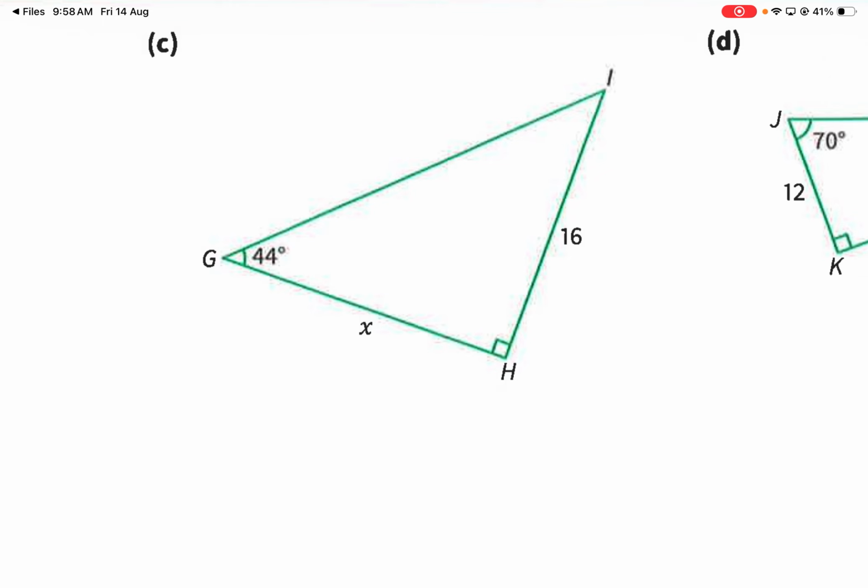Okay? Then, again, 3 items. I want to find x. I know this side, I know this angle. I want to link them together. I start with my naming. Angle is here. Opposite. Angle is here, touching, adjacent. Hypotenuse is here, opposite the 90 degree. Okay? So my x is my adjacent, my 16 is my opposite.